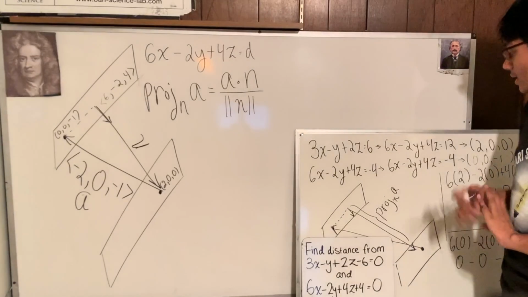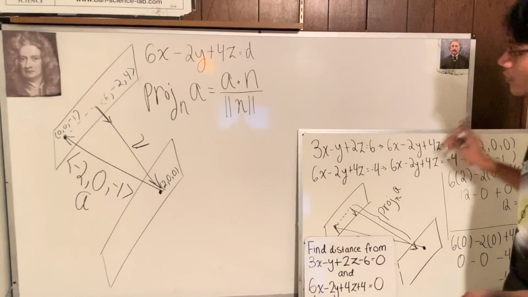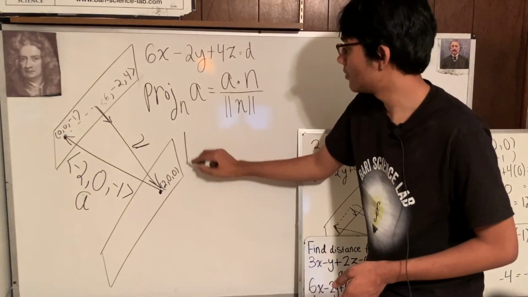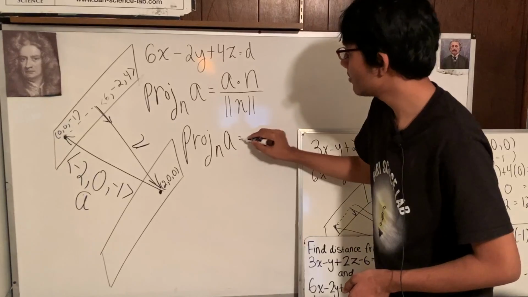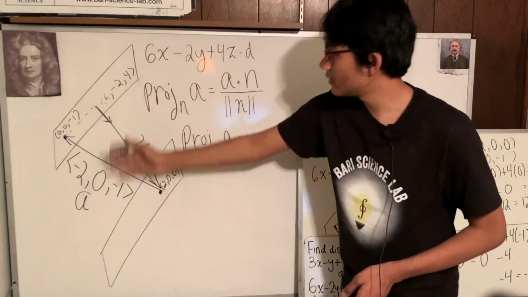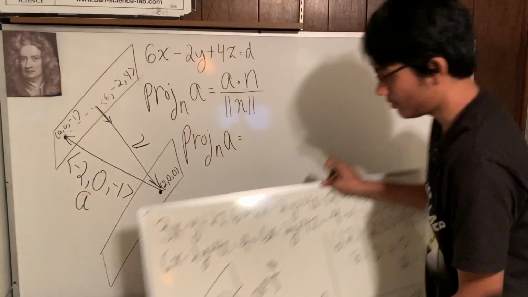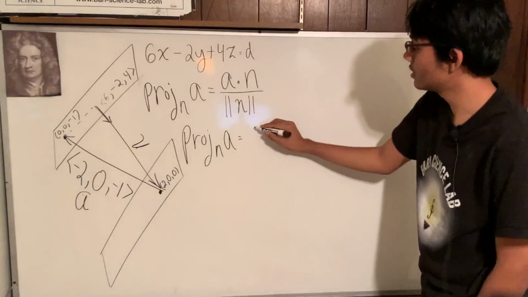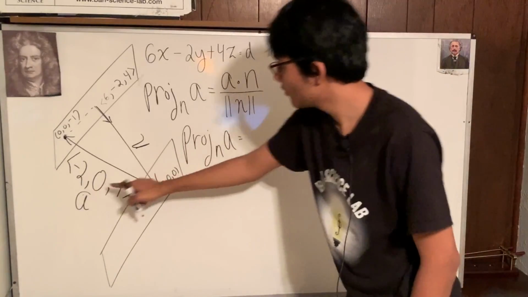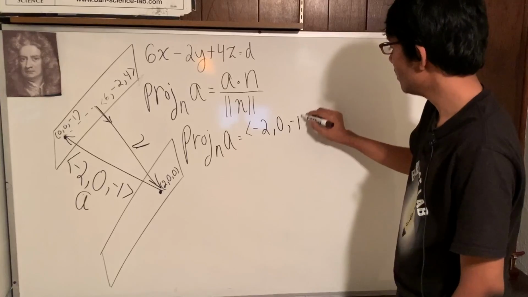Now hopefully you can fill in the gaps here. What is the dot product going to be on top? It's simply the dot product of these 2 vectors. What's my vector A? Well, it's -2, 0, -1.